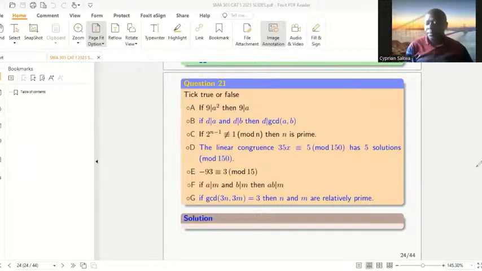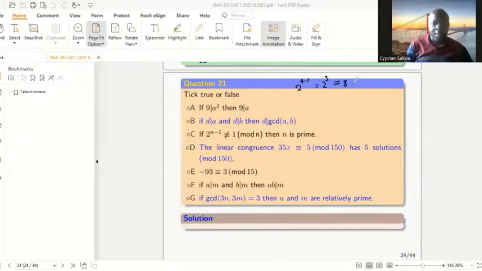What about this one? Let me just take an example. What is 2 raised to 4, minus 1? It is equal to 2 raised to 3, which is 8.